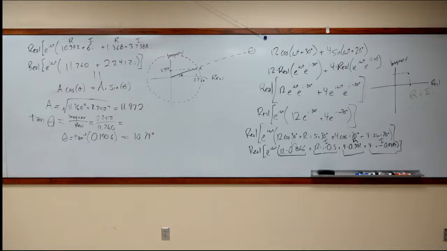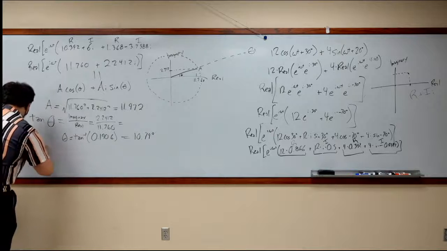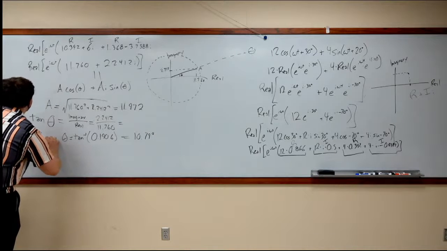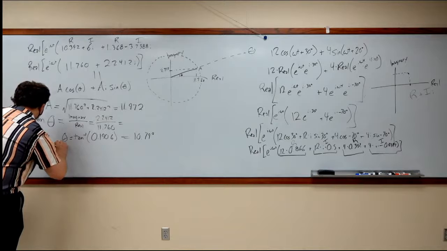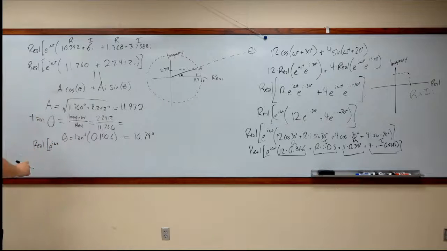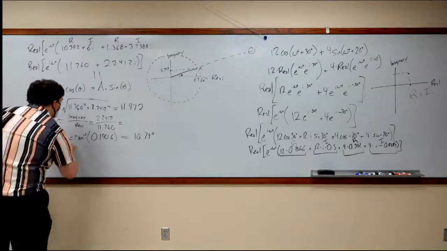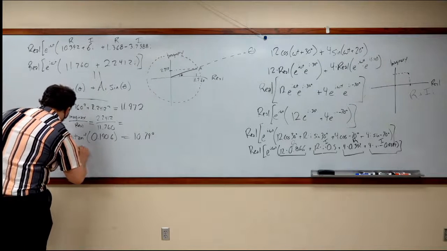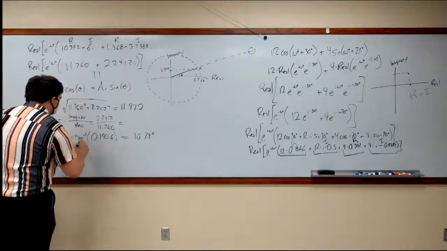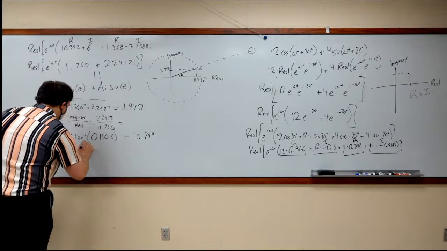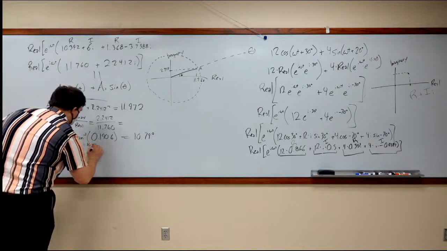So, at the end of this problem, our end solution is the real component of all of this, which becomes real, e to the I omega t times, now we know what this is. This is 11.972 times e to the I times 10.79 degrees.